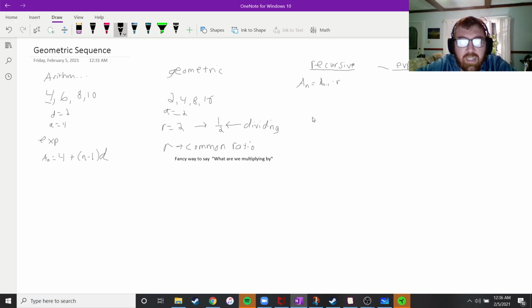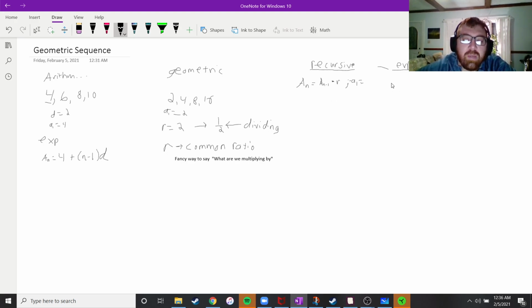So a recursive formula is going to be this, and you'll usually see it with a semicolon, and then A1 is equal to whatever your first term is. So this is how the recursive form looks, okay?